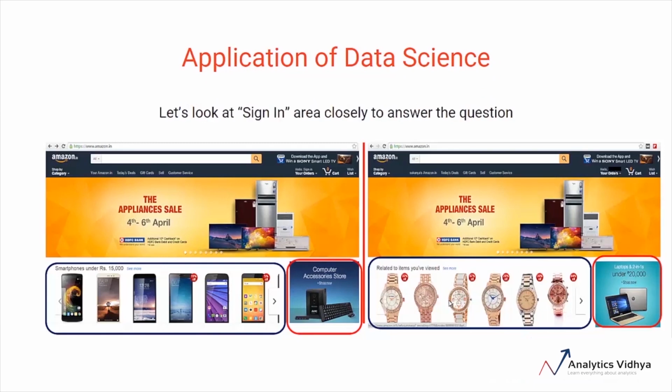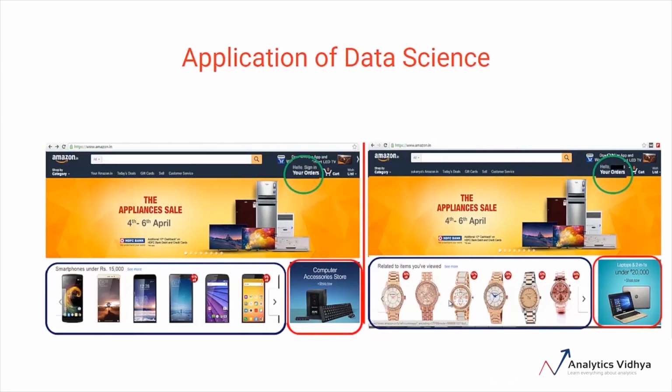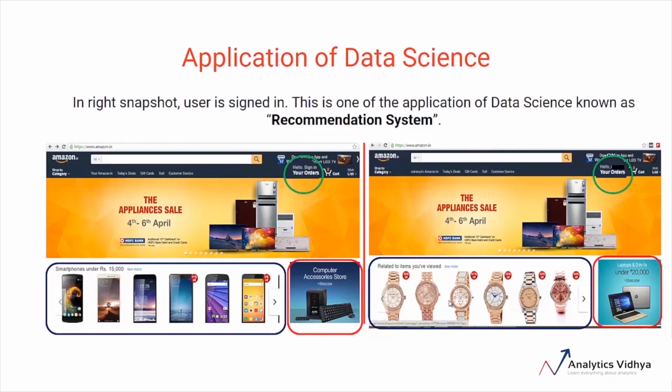In order to answer this question, I would like you to look at the sign-in area carefully. Do you see any difference? Well, if you noticed carefully, the user is signed in the snapshot on the right hand. The difference in the two snapshots is because of the personalization and recommendation happening on Amazon site.